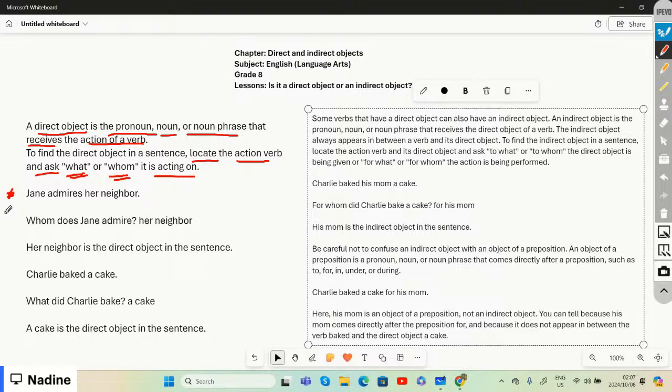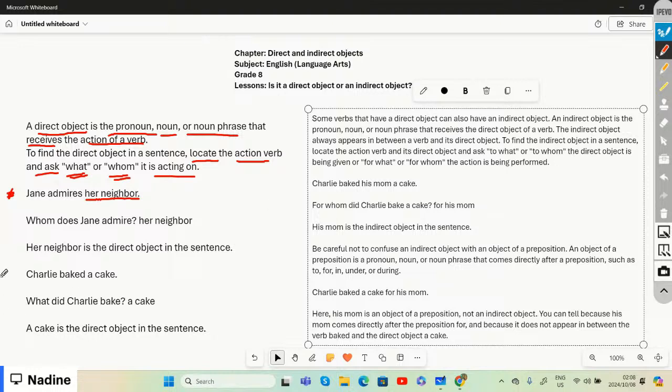So the question is, whom does Jane admire? We can say it is her neighbor. So her neighbor is the direct object within the sentence. It tells us whom or what it is acting on.